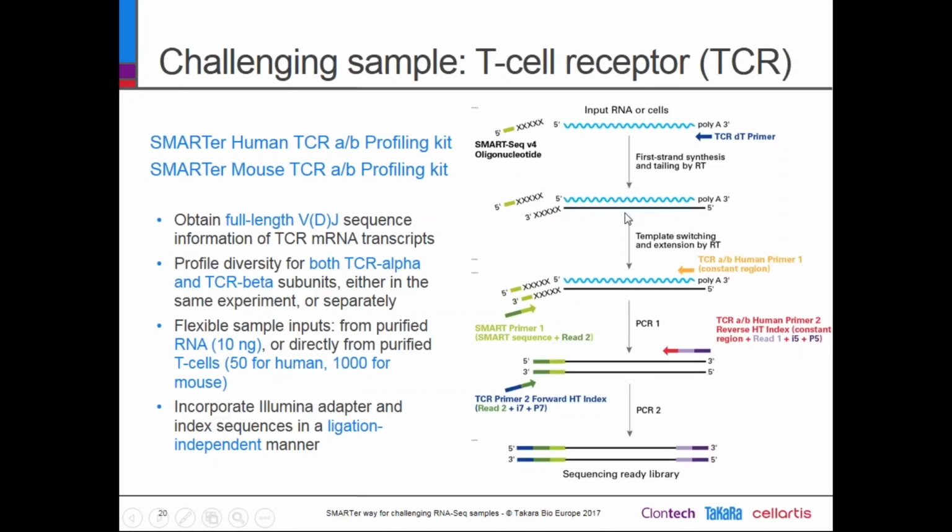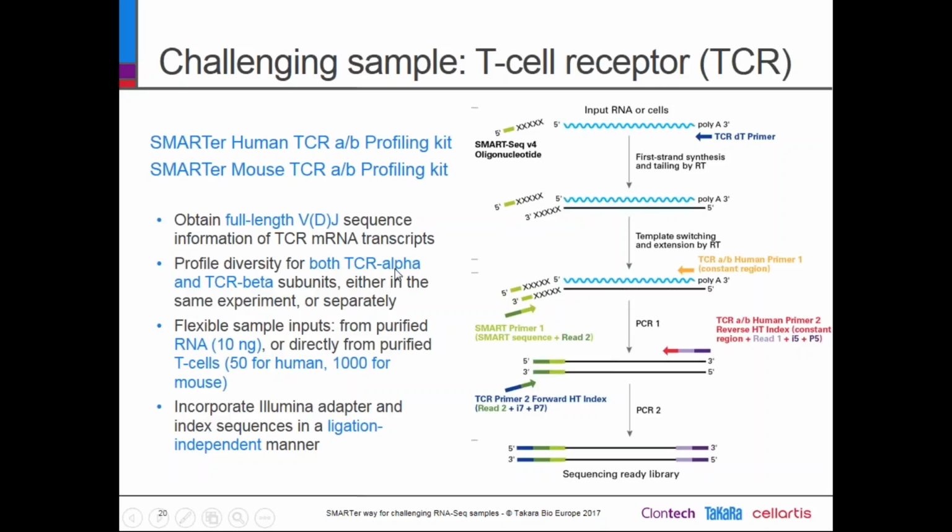So for people who are interested in this application, we have adapted again the SMART technology to be able to do a library only from these TCR alpha and beta sequences. It works with human samples and mouse samples, and you will be able to get the full-length variable sequence of these TCR alpha and beta mRNAs.